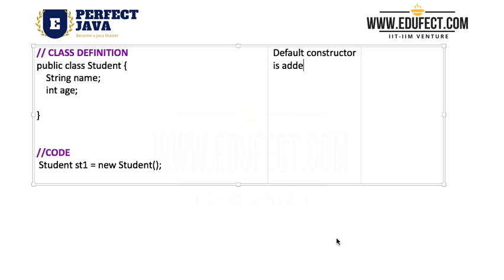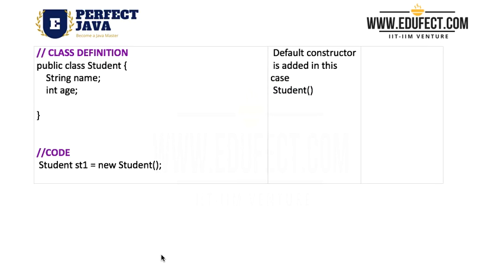And how does the default constructor look? It will be student, and it does not take parameters. So when we say student st1 is equal to new student, it will find the default constructor. That is how it will work.